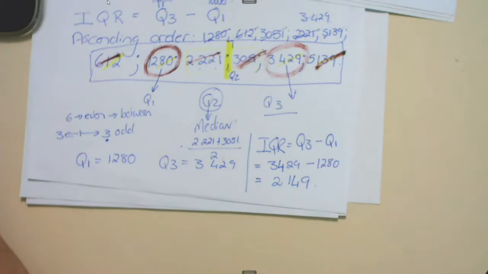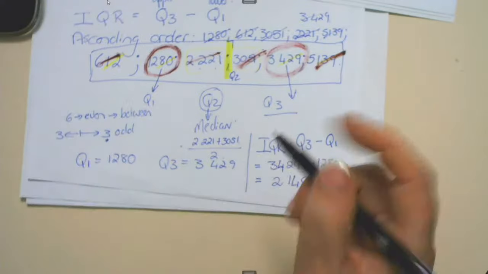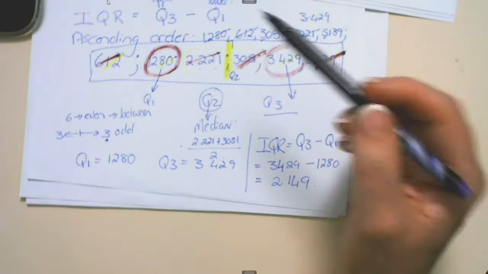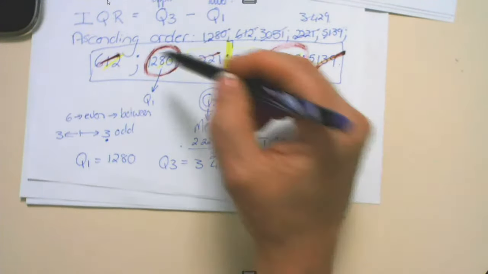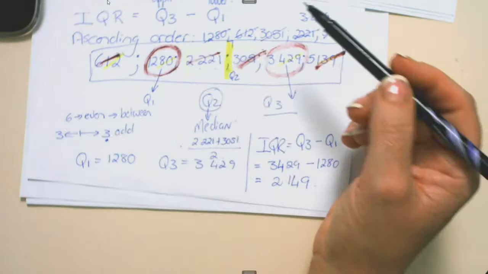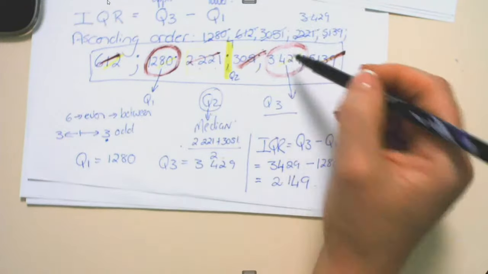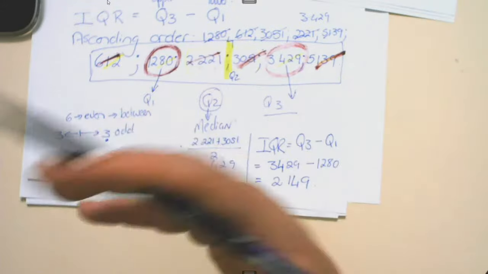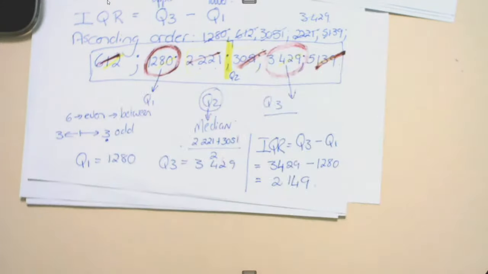If we subdivided it, said for instance this was question 3, and we said 3.1, get Q1, 3.2, get Q3, then 3.3, get IQR, then it is not a level 3 question, because then the question is scaffolded, it is broken down.